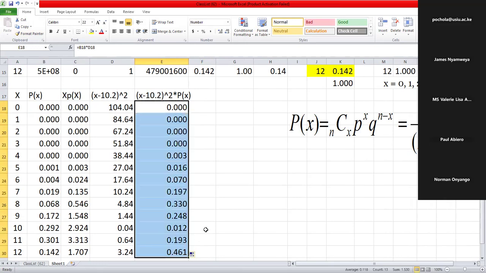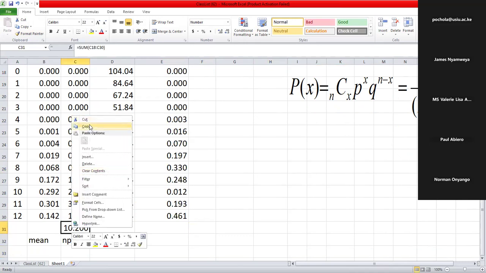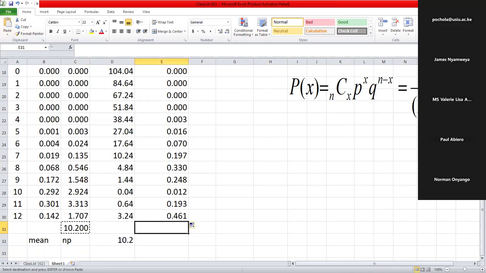Those are the squared deviations. Then I sum them. Again, we did the sigma of this column here. 1.53. That is the variance. Then we get the standard deviation, the square root of the variance. The standard deviation is the square root of the variance of X, raised to the power of 0.5.